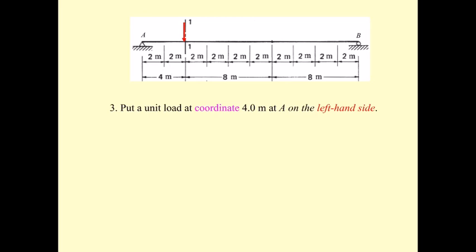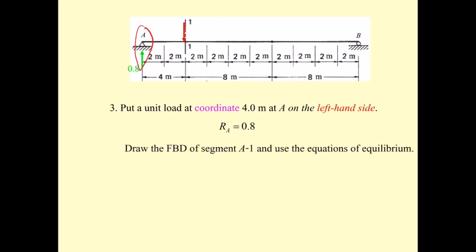Okay, again, you may remember what we have for the R sub A. This one, at 1.9, is going to be 0.8, right? That's going to be 0.8. And then the free body diagram is going to be like this. The applied force is going to appear over here on the left of section 1-1.